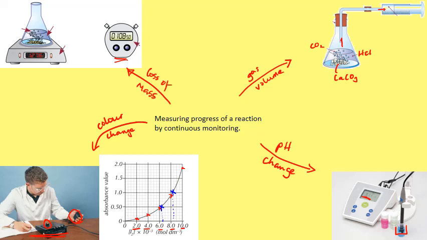Our loss of mass method, and there we have 4 methods of measuring the progress of a reaction depending on the reaction, and they're all continuous monitoring methods. So what we're going to do next is we're going to have a look at 2 of these methods in a bit more detail.